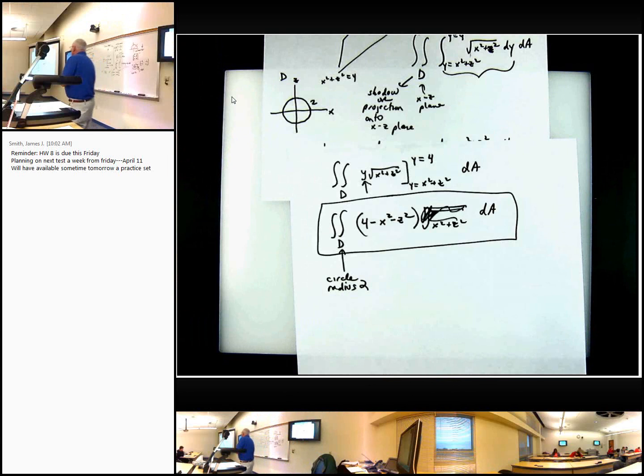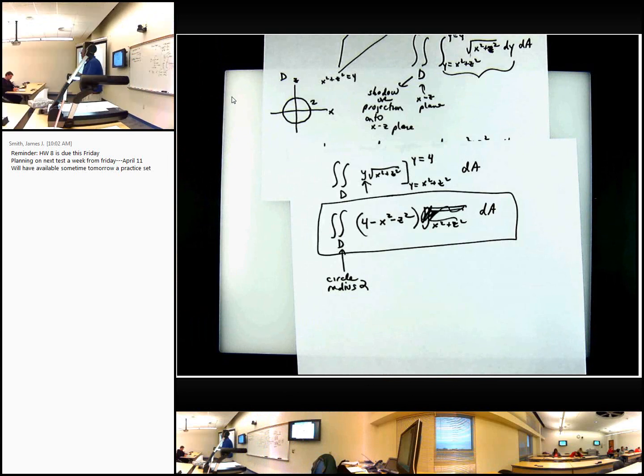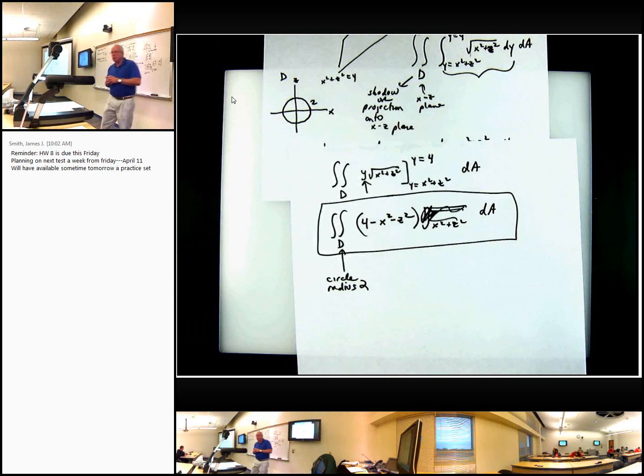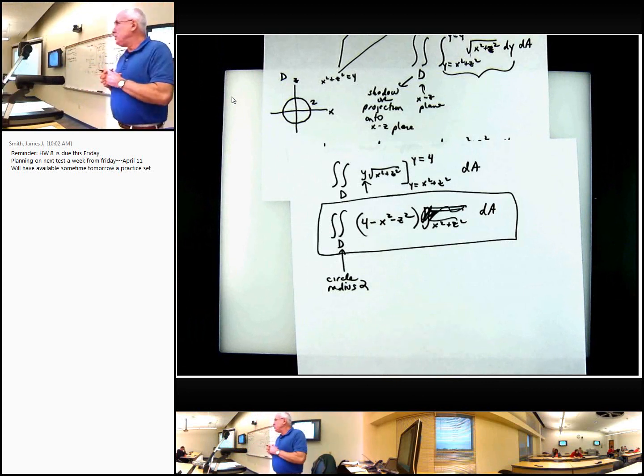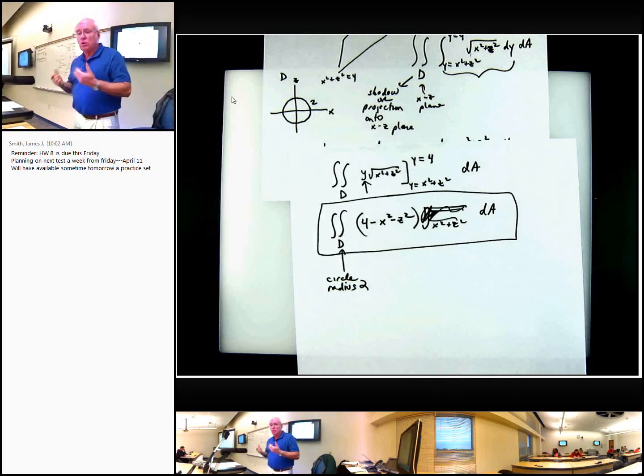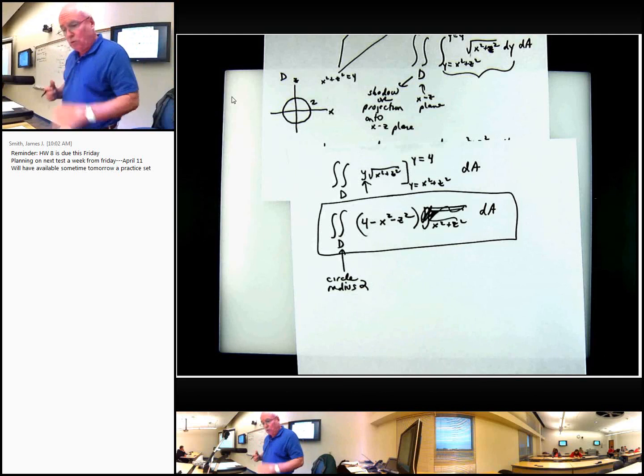So what might be the easiest way to go then here as far as calculating this double integral? Could we switch to another set of coordinates? Yeah, this really then says, okay, let's figure this out using polar coordinates.